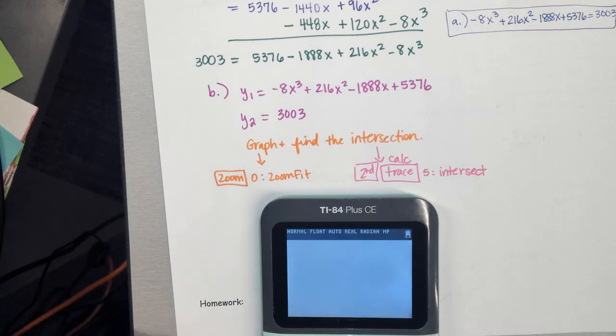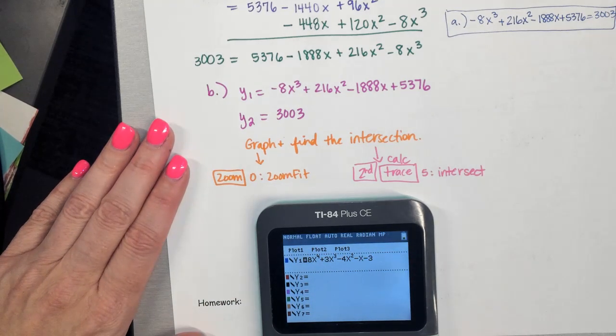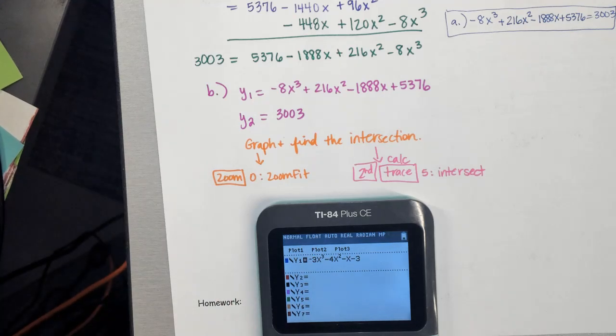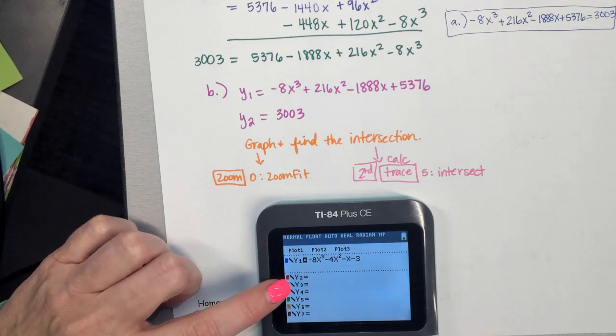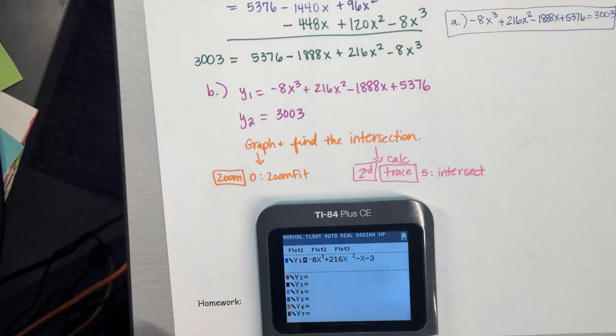Okay, so we are going to plug these in. Negative 8x cubed plus 216x squared x.